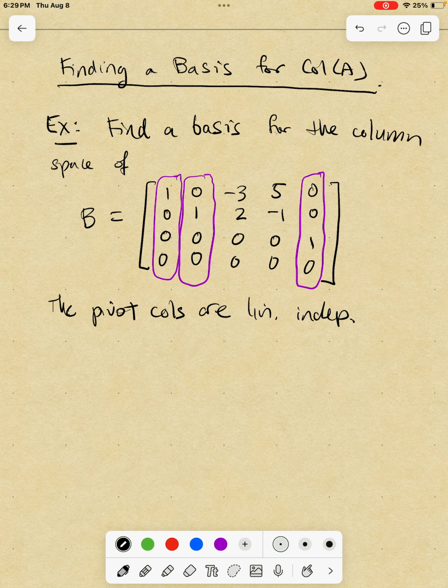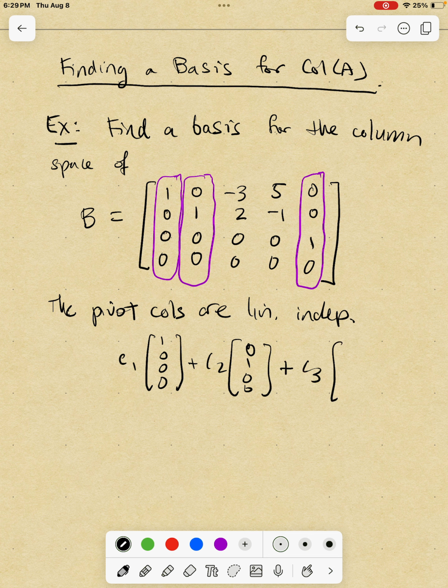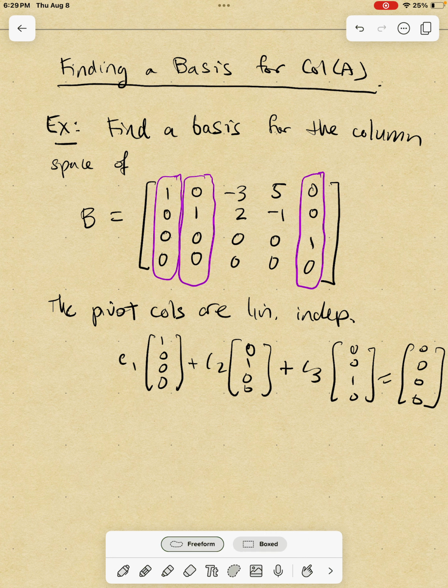We can see that because if you had c1(1, 0, 0, 0) plus c2(0, 1, 0, 0) plus c3(0, 0, 1, 0) equaling the zero vector, then the first equation just says c1 plus 0 equals 0, so c1 is 0.